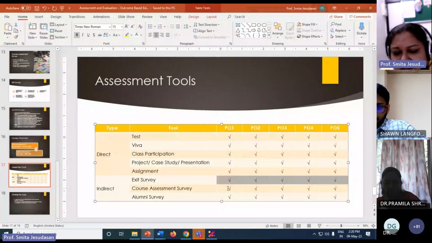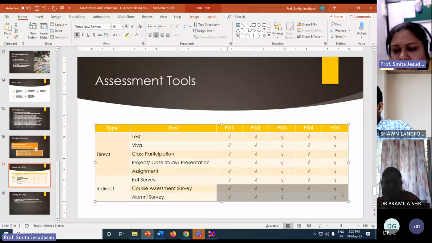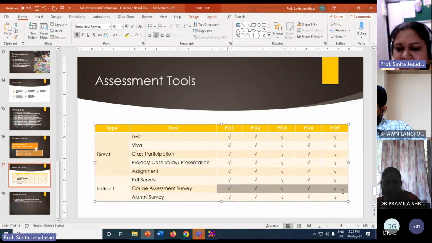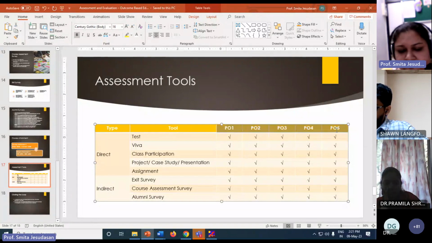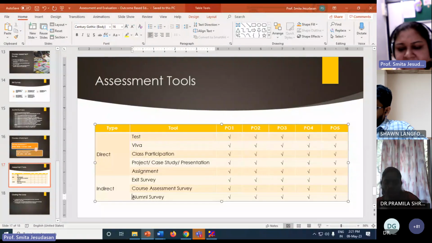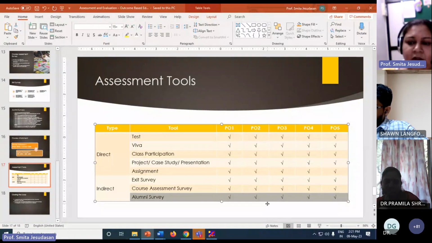But when you say course assessment survey or alumni survey: the course assessment survey is to be done at the end of each course, at the end of the semester, so this can be linked to all the program outcomes. But when it comes to the alumni survey, it depends upon the questions you have identified.